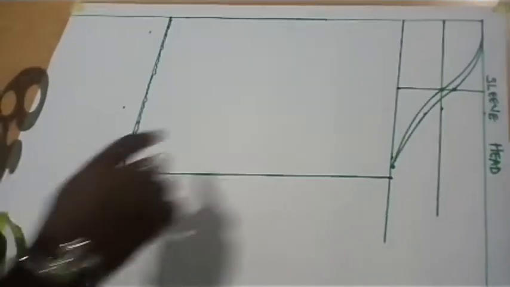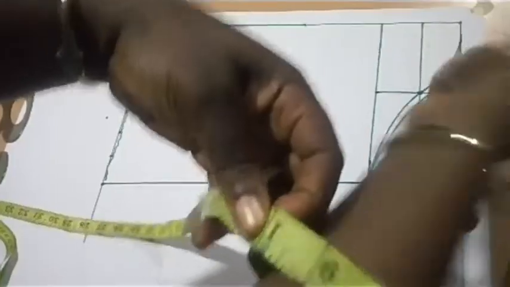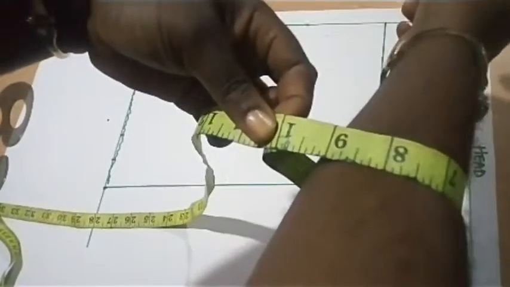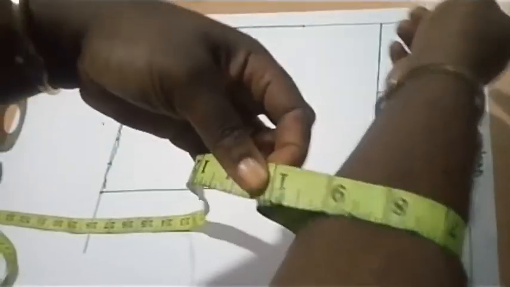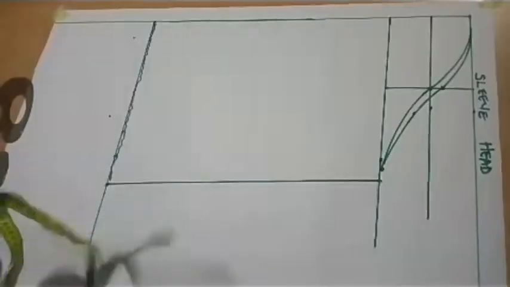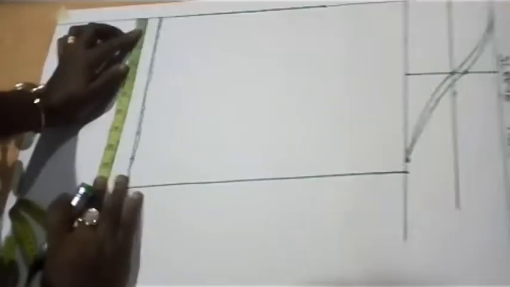Now the length of that band you are seeing there is taken at that 3/4. You can see what I have here. I have 10 inches. You can see the measurement I'm taking, not too tight, a little bit free, and I have 10 inches here. So that 10 inches, I'm going to divide into 2 because I'm working on half of that sleeve.